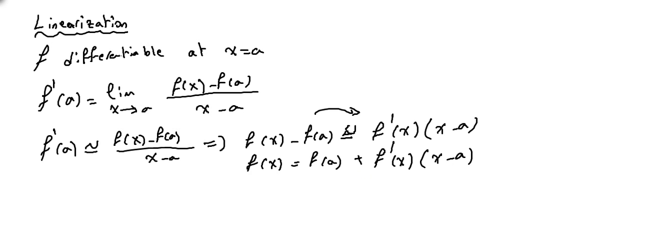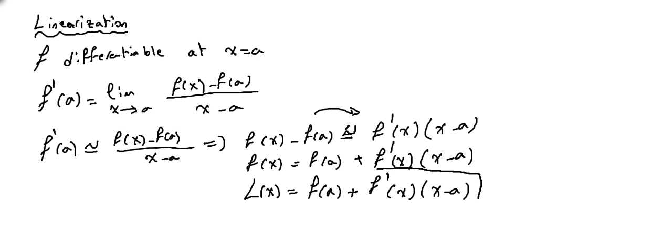Therefore L of x is a linear model. We can say that L of x is the linear model of this linearization, equal to f of a plus f prime of a into x minus a. This is the linear model we need for linearization.